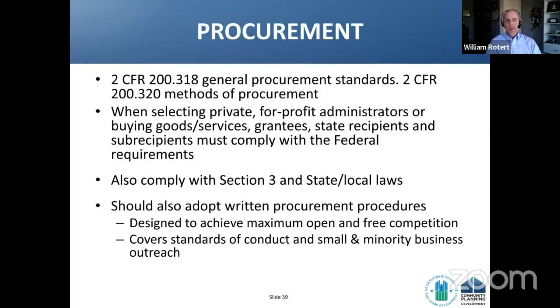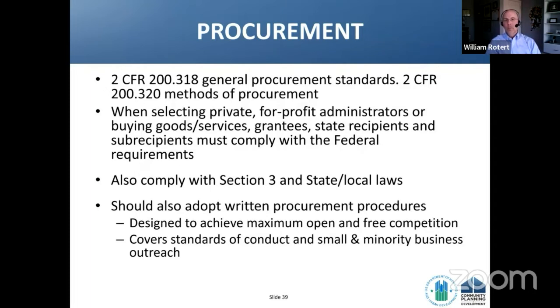Okay, the OMB requirements go into some depth about what's referred to as procurement, which is using your federal funds to acquire goods or services, basically. And those rules begin at 2 CFR 200-318. Those OMB requirements give you several different options, which we'll discuss in some depth.